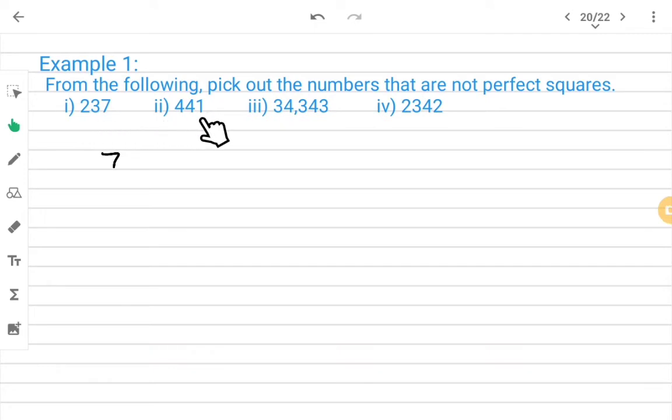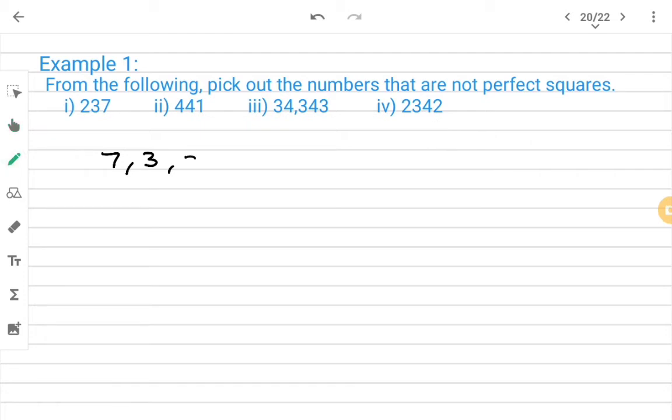And we are having 1. That is possible, right? If you are getting 1 in the ones place, it can be 1 square, 11 square, 21 square, 31 square, like that. So it may have an option. And here in the ones place we have 3. So here also it is not possible. And here we are having 2.